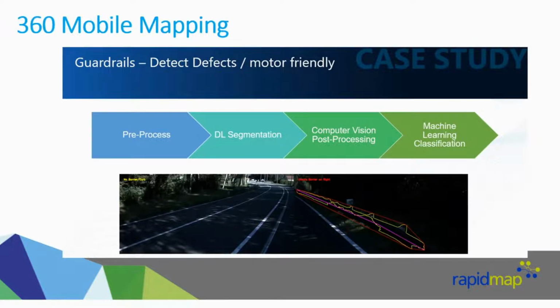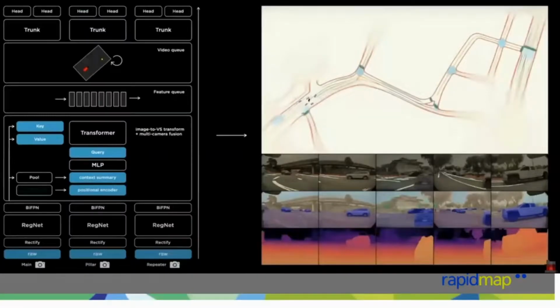You might have a deep learning segmentation. There are various elements that you can blend into this process. Then you might have some element of computer vision post-processing, so you can split images up into different formats to identify things a little bit better, and use those as separate data formats. Then you'll have your machine learning classification model.